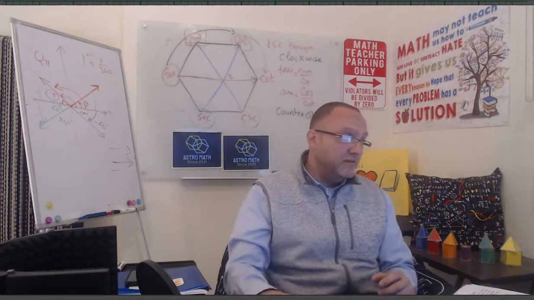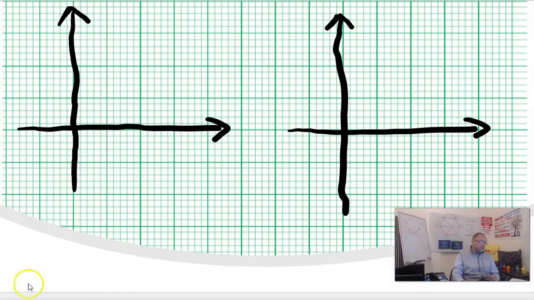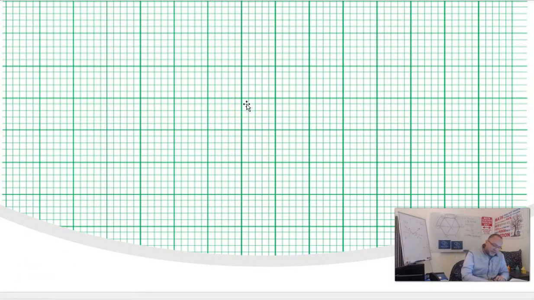And we also learned that, let's switch back here to the tablet, an angle in standard position has its vertex on the origin, okay?